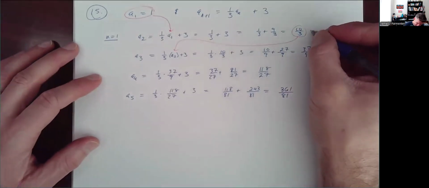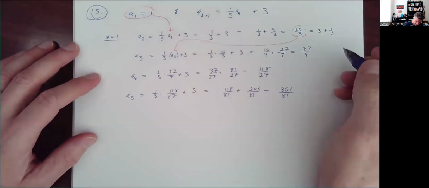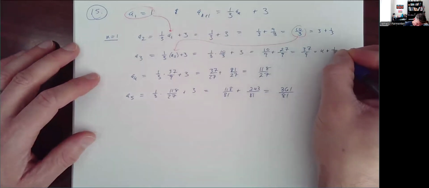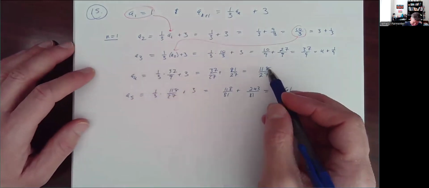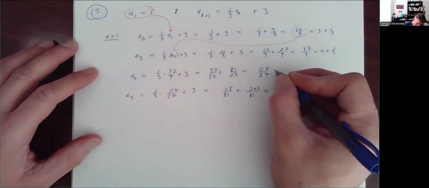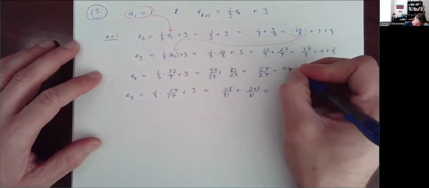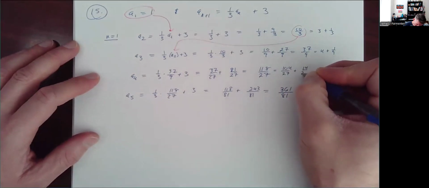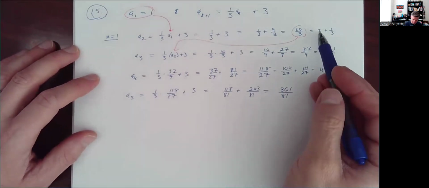Okay, so here's what I point out. 10/3 is equal to 3 plus 1/3. 37 over 9 is 4 plus 1/9, because 36 over 9 is 4. 118 over 27: 27 times 4 is 104, so this is 104 over 27 plus 14 over 27, which is 4 plus 14 over 27. So far, bigger, bigger.